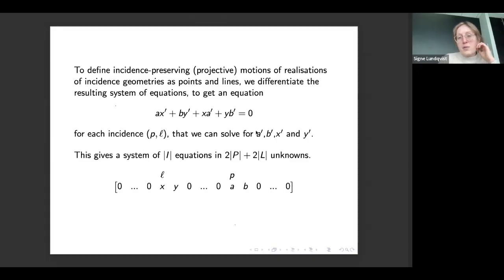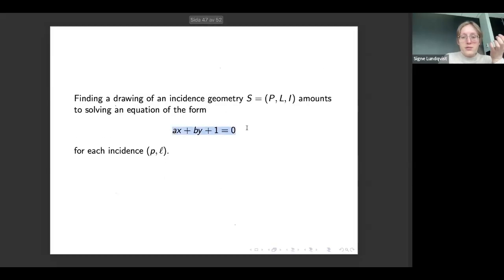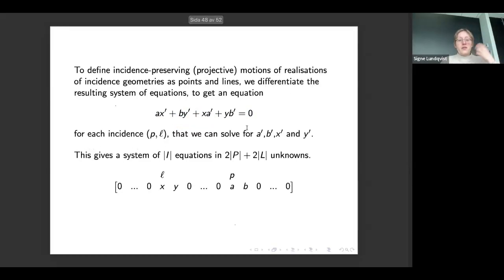And to define instance preserving motions, which we call projective motions, we differentiate the resulting system. We differentiate the system of equations of this form, one for each instance, to get a system of linear equations of derivatives, basically. So you get a system of linear equations that you can solve for A prime, B prime, X prime, and Y prime.